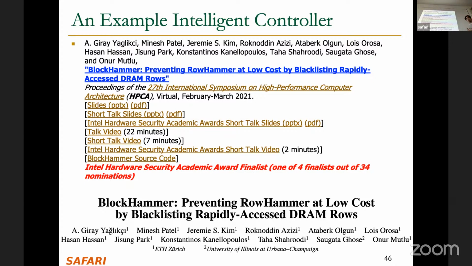If your controller is able to identify those attacker programs, the controller can throttle the memory accesses, the memory requests from this attacker, and this way protect other applications and protect the data that is used by other applications. This is an example of an intelligent controller.